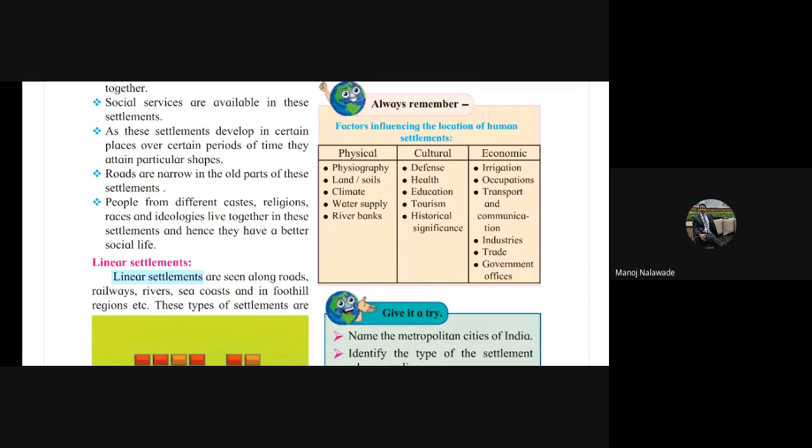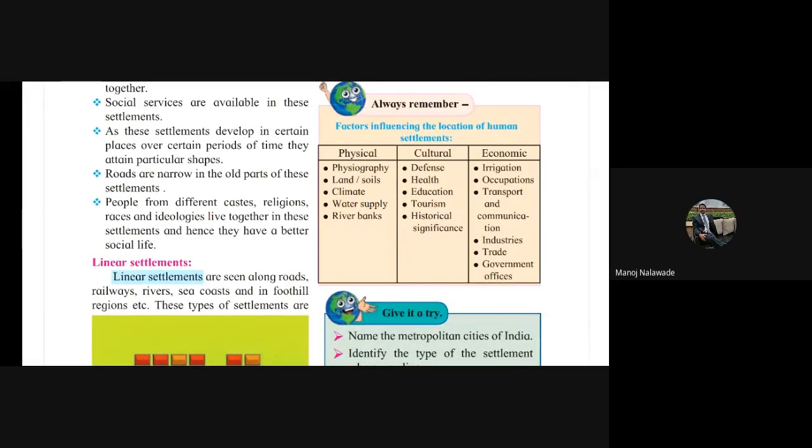The next factor is the cultural factor: defense, health, education, tourism, historical significance. Basically these are related to culture. People living in the defense sector have their different culture and different needs. The healthcare sector is different. Education: at any college area, there is a settlement of different commercial as well as human settlements.